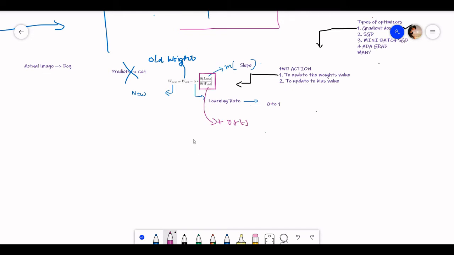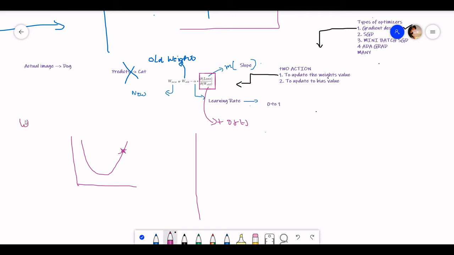For the positive part, if our derivative is positive, let's suppose our initial point is somewhere here. Let's see the formula.